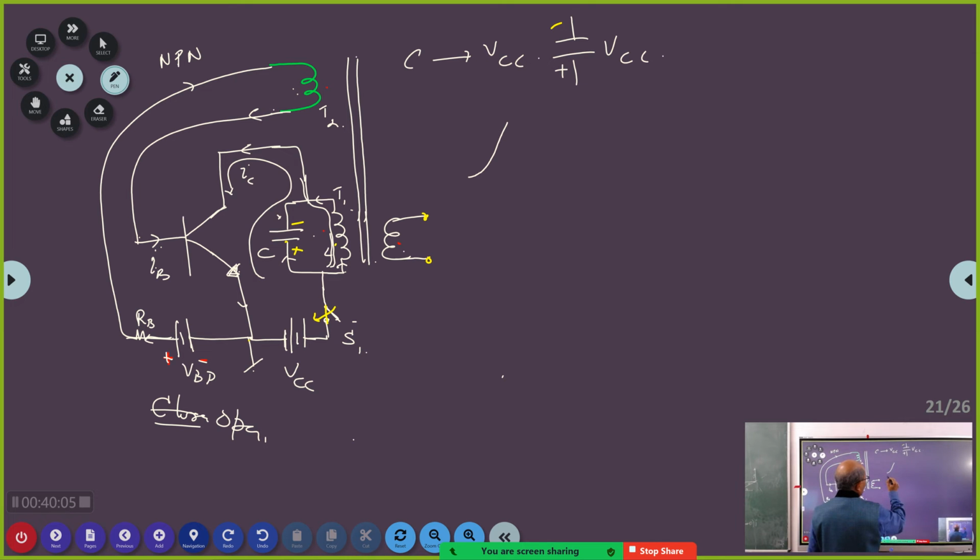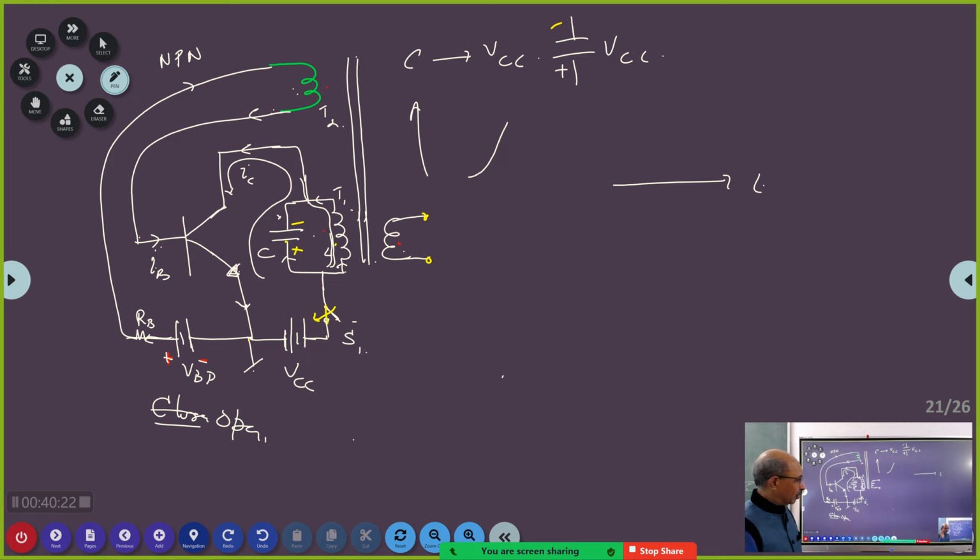Understood? This is the time axis and this is the amplitude. Current starts rising through this inductor, goes through the transistor and comes like this. Understood this point?